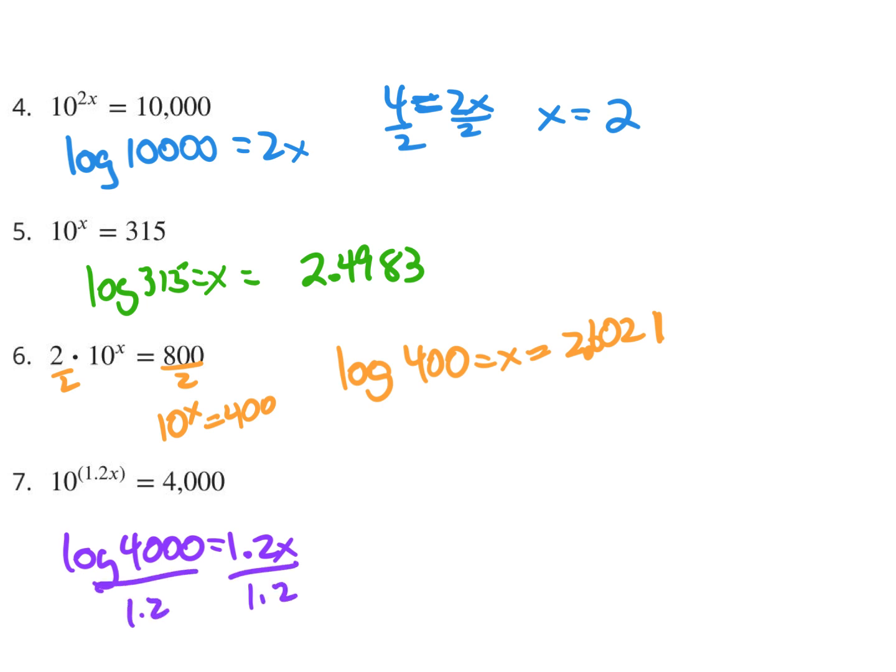So make sure when you do this in the calculator, you hit log 4,000 first, and then you can put your numbers in, and the calculator will do the right steps. And you should get x is equal to 3.00171.